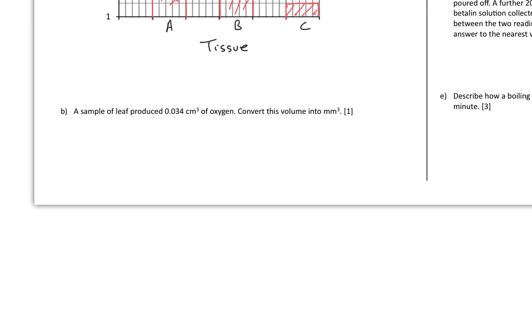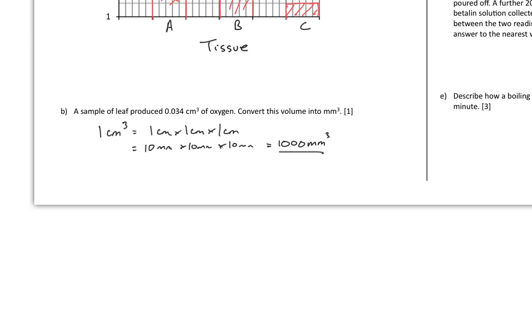Then we've got a little unit conversion. Again, cube units are notoriously difficult. This is where I'd say 1 centimetre cubed is 1 centimetre by 1 centimetre by 1 centimetre. I wouldn't write this out, but that's the same as 10 millimetres times 10 millimetres times 10 millimetres, which is 1,000 millimetres cubed.